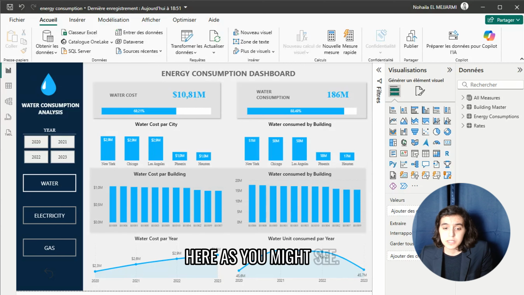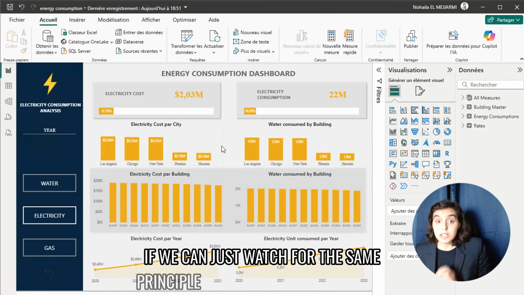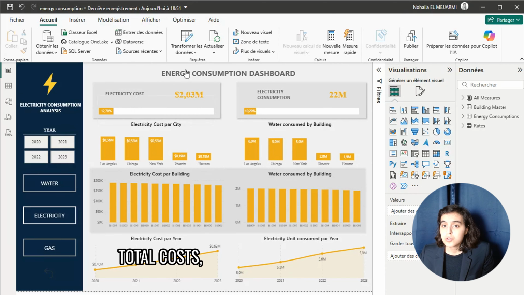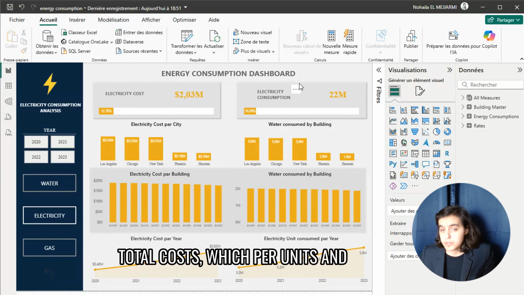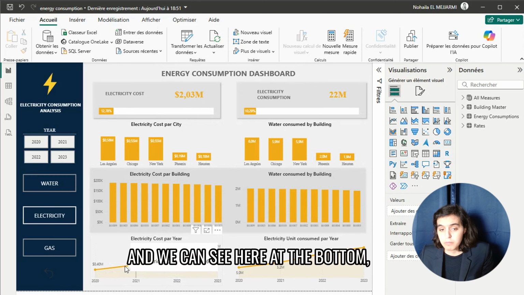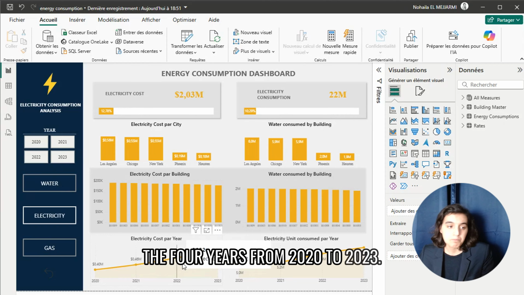Like here, as you might see, for electricity we follow the same principle: we have the total cost, cost per unit, and per city and building. And we can see here at the bottom the evolution of electricity costs over the 4 years from 2020 to 2023.